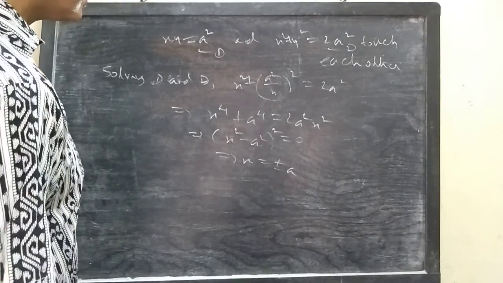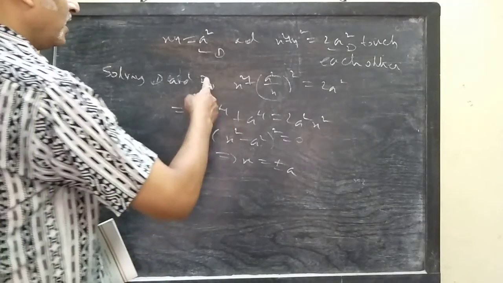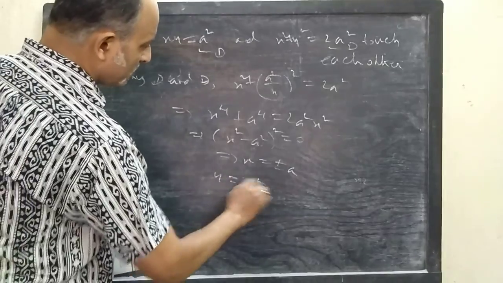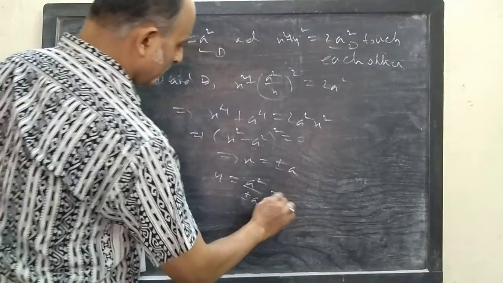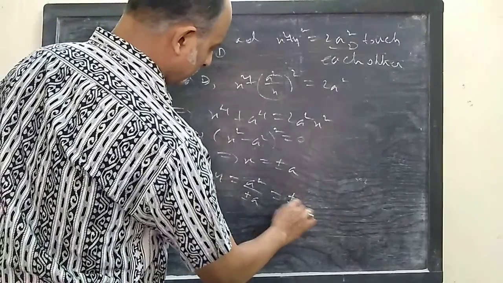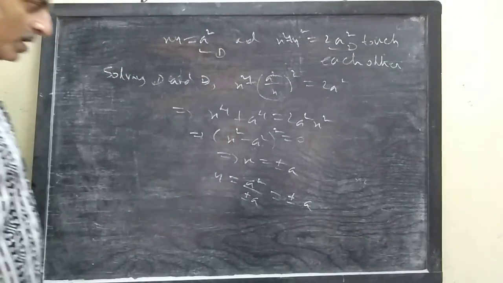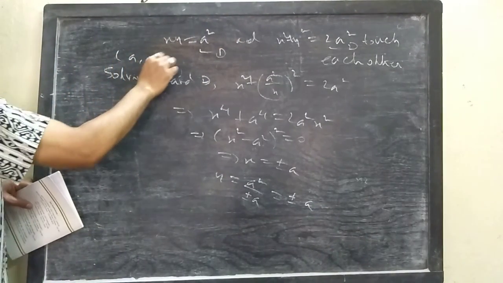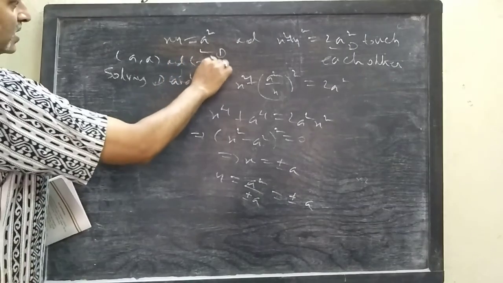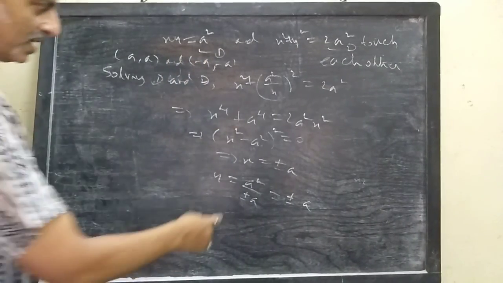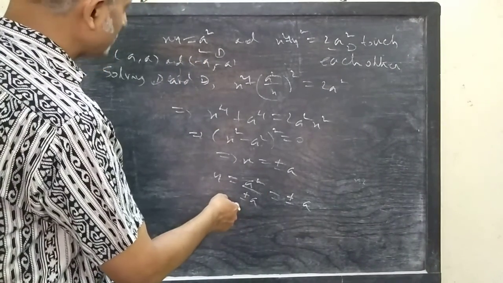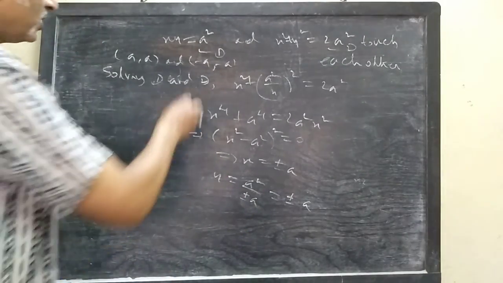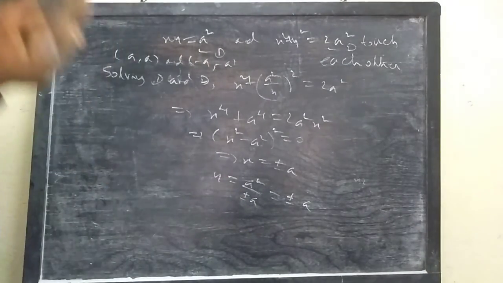When x equals plus minus a, then y equals a square by plus minus a, that is plus minus a. So the points of intersection are one is (a, a) and the other is (minus a, minus a), because when x is plus a then y is plus a, when x is minus a then y is minus a.